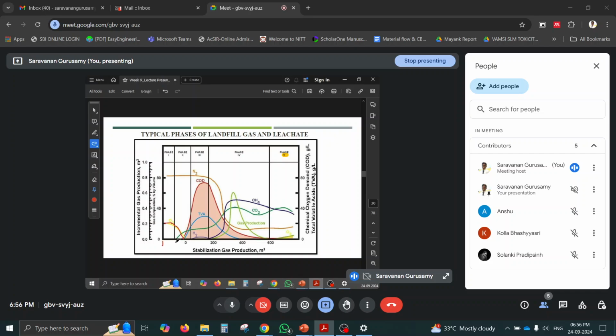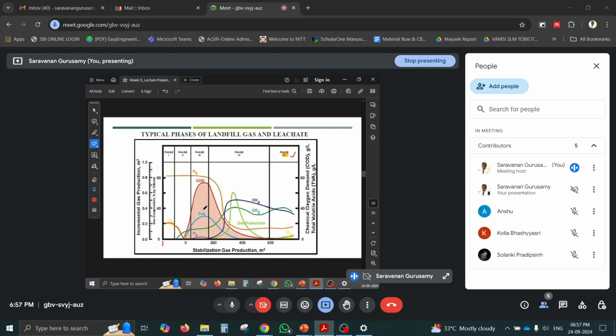Then methane and carbon dioxide production will start. The nitrogen present in the waste will get reduced, and COD will be higher during phase 3. We have divided the landfill into 5 phases. COD will start increasing, attain a saturation, and then decrease.